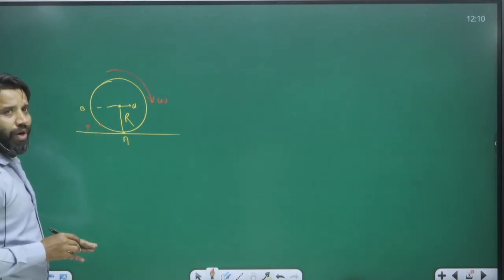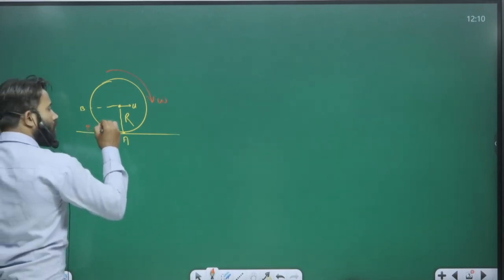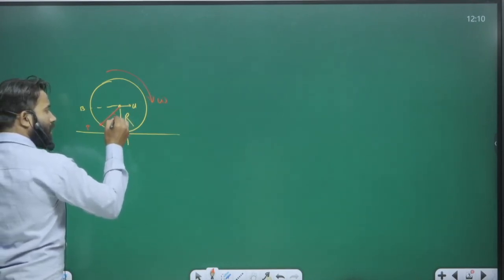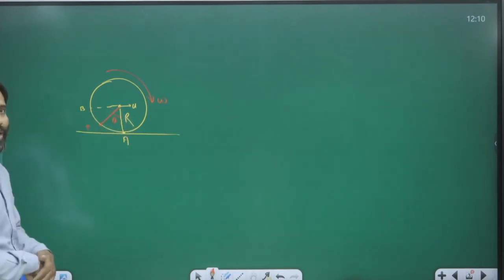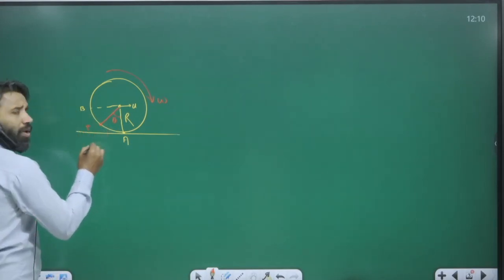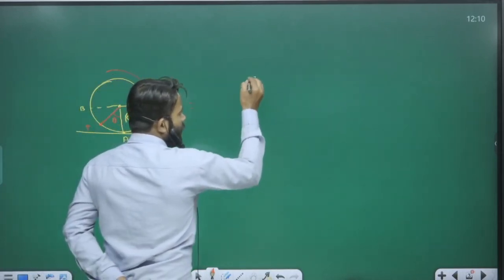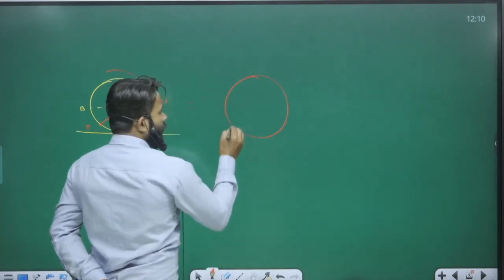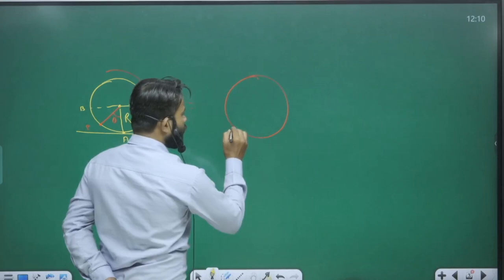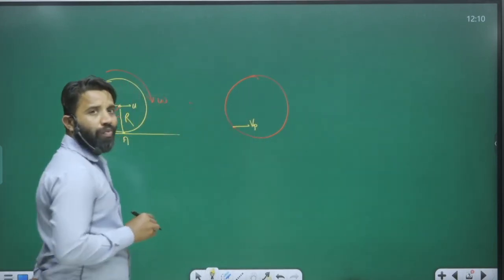What we want to find out right now in this part is the velocity of point P. Say this line is making angle theta with this radius vector. Now, if you observe this point, you will find that due to translational motion, this point P will have velocity Vp in the forward direction.